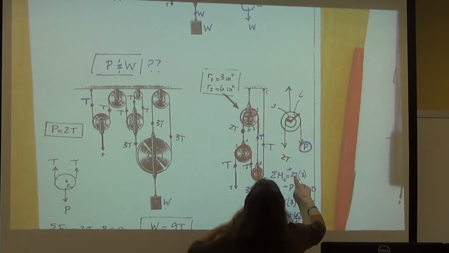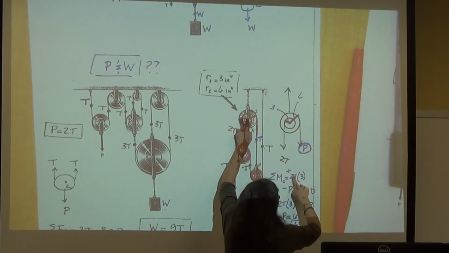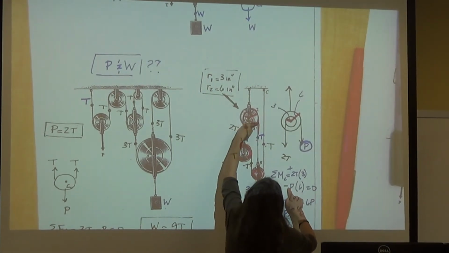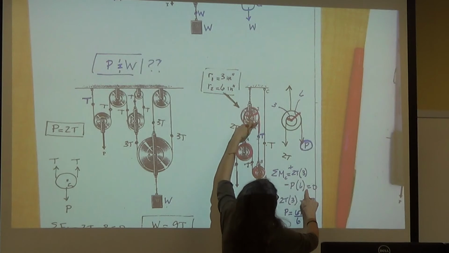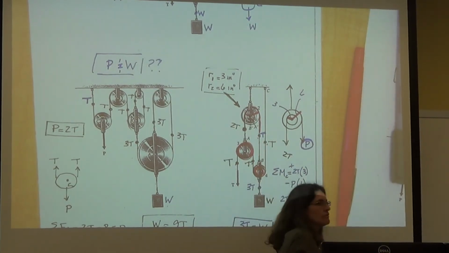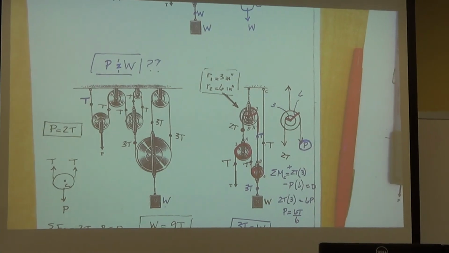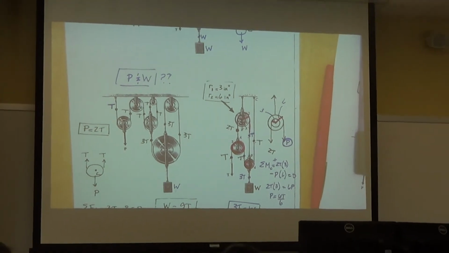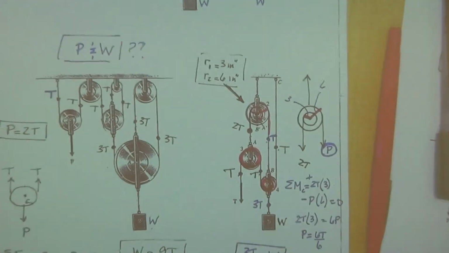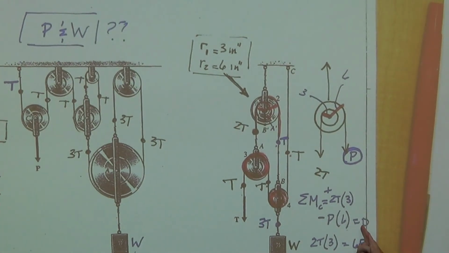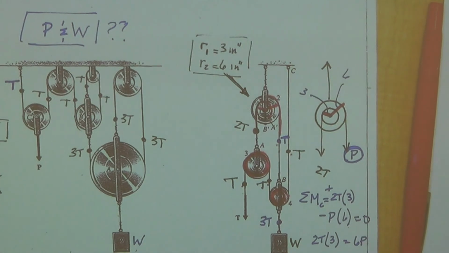So 2T times the distance 3 is a moment, and it's positive, minus P times 6, and it's a negative moment. We're going to be dealing with moments a lot. And it's not rotating because in the end, the sum of the moments equals 0. It's not rotating.